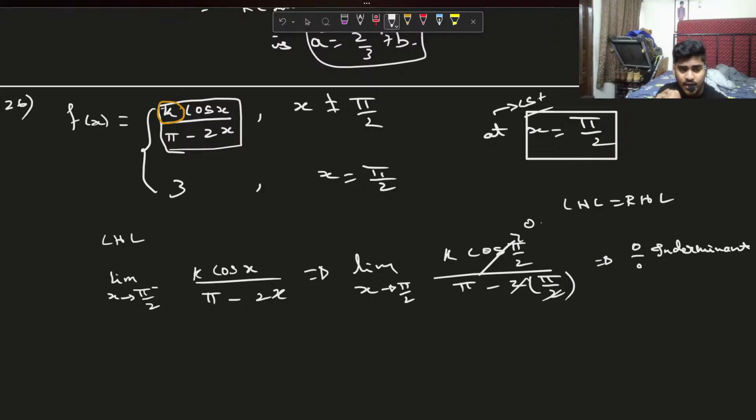Okay, let me do the differentiation. When we found that this is an indeterminate form, I want you guys to do it like this: at pi by 2, just differentiate cos x. Leave the constant k.